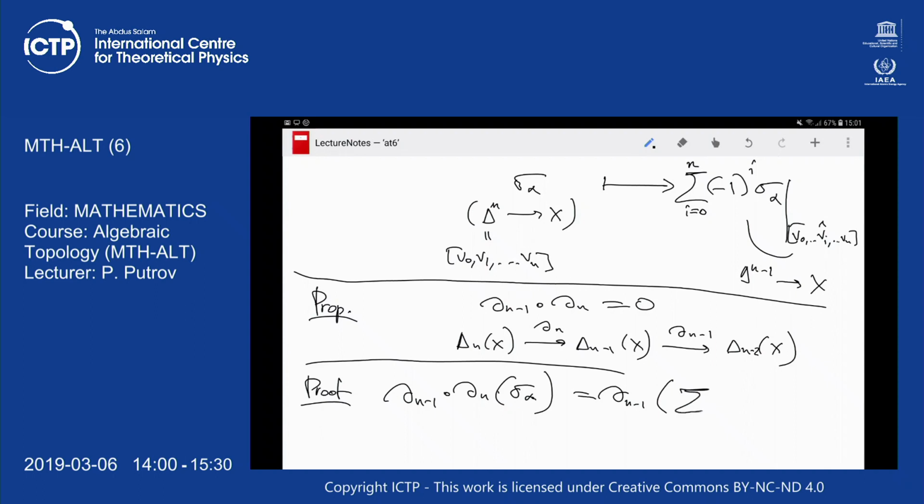So it will be this definition. Here, the restriction of sigma alpha to a subsimplex where we remove its vertex.